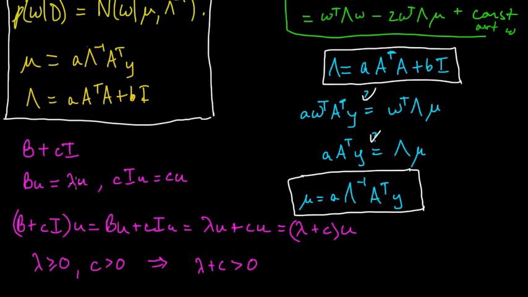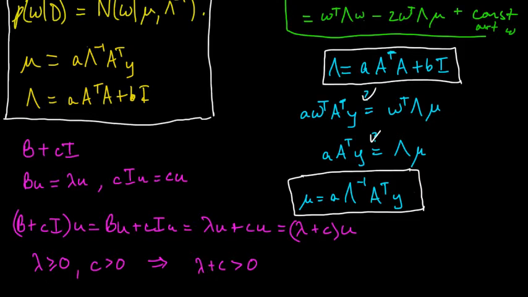And this holds for any eigenvalue of B. For any eigenvalue of B and its corresponding eigenvector, we get a new eigenvalue with the same eigenvector, and the new eigenvalue is strictly positive.